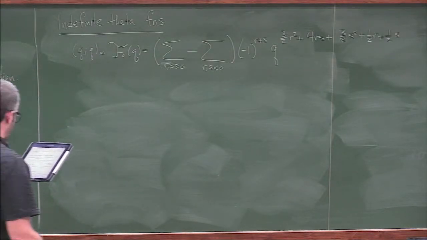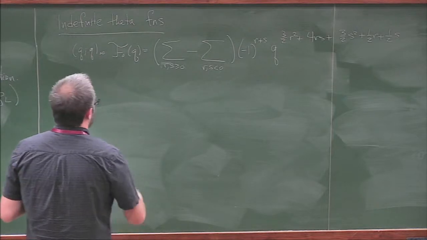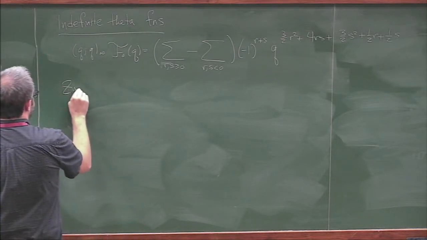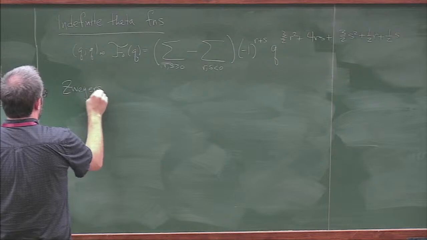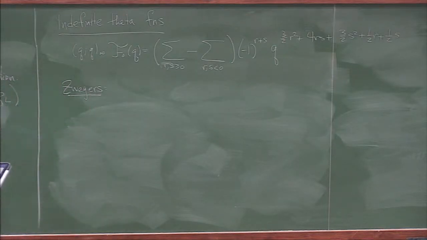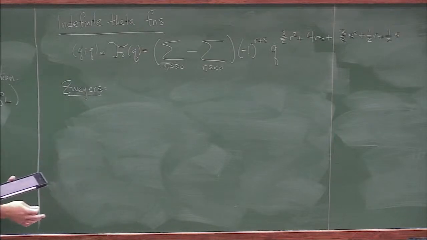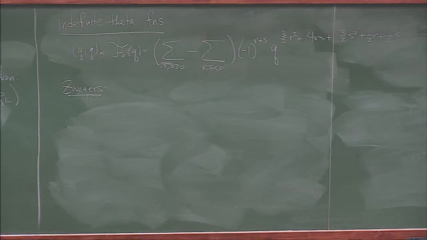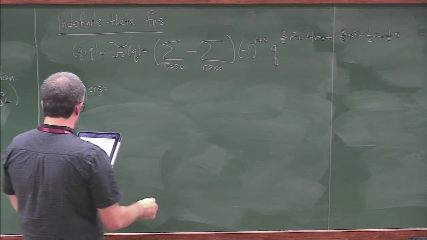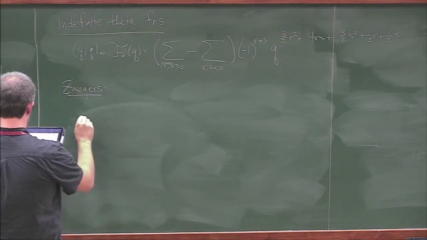And so in the last chapter of Zwegers' thesis, after he works out all this theory of indefinite theta functions, he actually does this example, and all of the 5th order and all of the 7th order Mock theta functions have formulas that look like this. And if we rewrite this, we get the following thing.